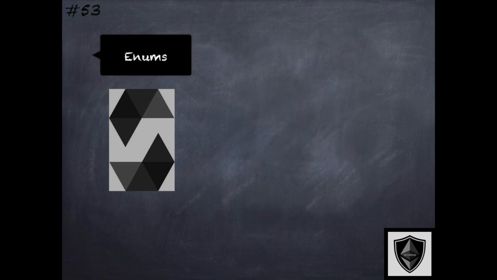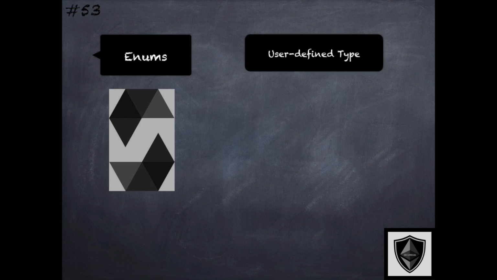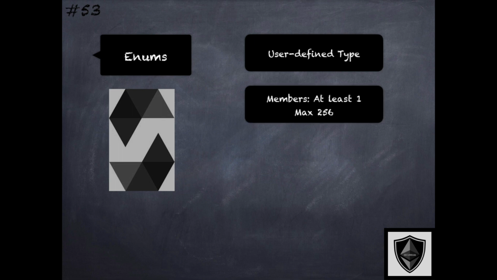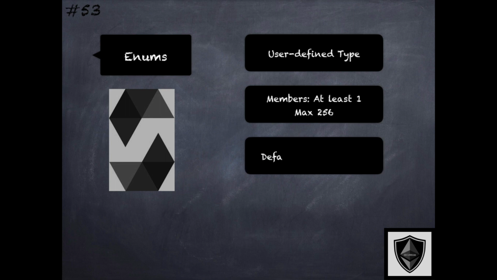The next type is enums. This is something we talked about earlier. Enums are a way to create user-defined types in Solidity. They can have members anywhere from 1 member all the way to a maximum of 256 members. And the default value of an enum is that of the first member.